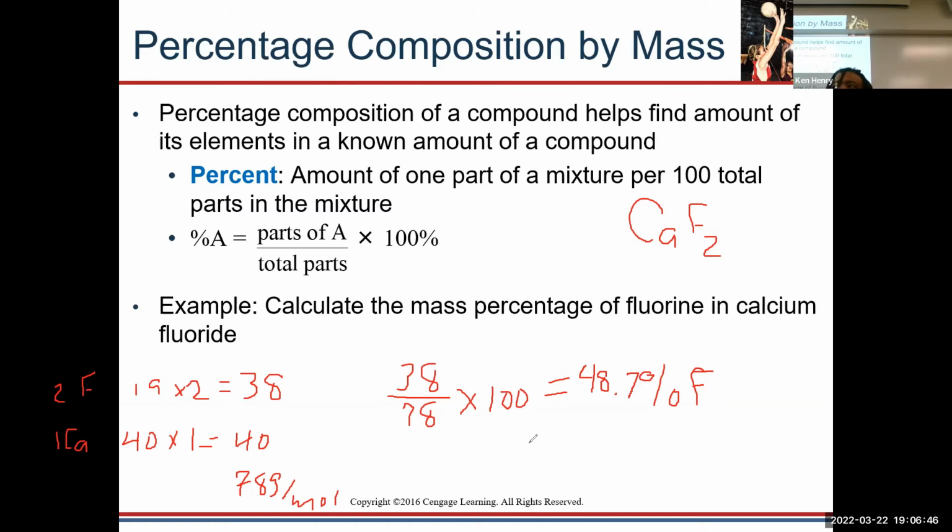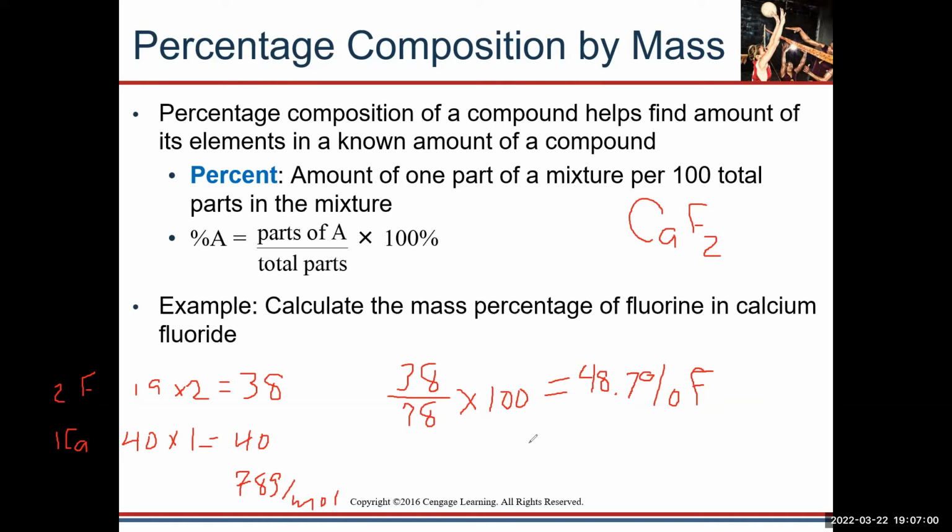Okay, so if altogether the calcium and the fluoride adds up to 100%, then how much must be the calcium? Whatever's left.